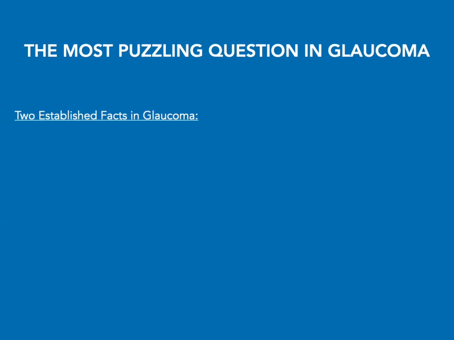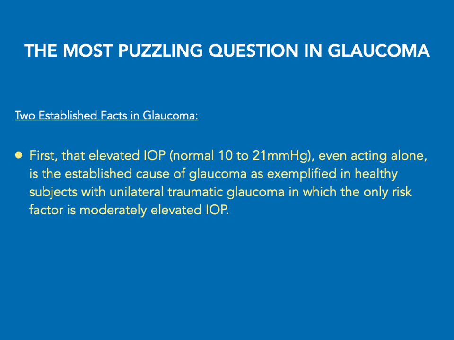So there are two established facts in glaucoma. First, that elevated IOP, even acting alone, is the established cause of glaucoma, as exemplified in healthy subjects with unilateral traumatic glaucoma, in which the only risk factor is moderately elevated IOP.